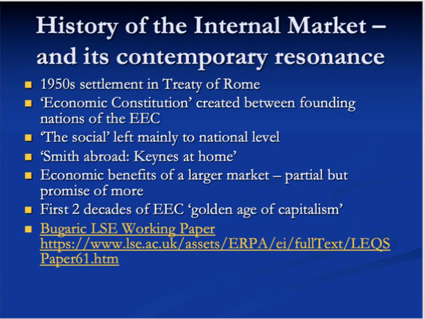And this is known as the Smith abroad, Keynes at home compromise. So the idea is that you would have Smithian economics inspiring your international trade relations, Smith abroad, but you would have Keynesian economic approaches inspiring your domestic economic and political settlement and welfare system.